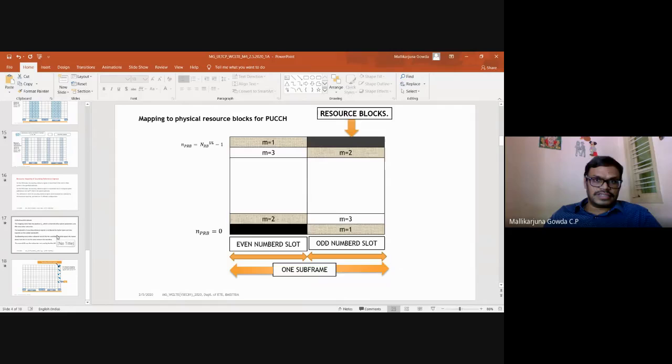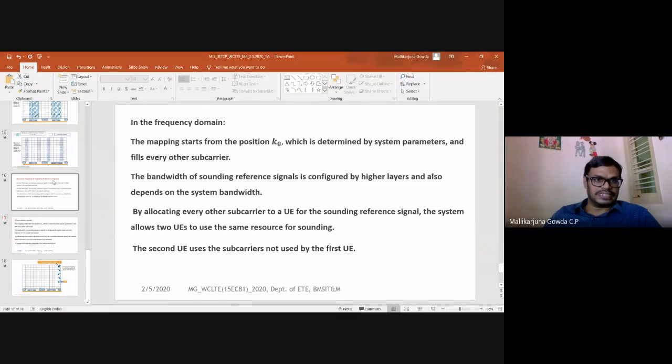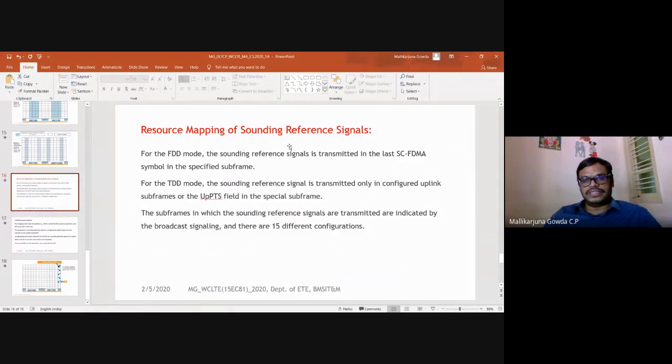Resource mapping of the sounding reference signals, right? Here there is the FDD mode and the TDD mode. In FDD mode, the sounding reference signal is transmitted in the last SC-FDMA symbol in the specified subframe. But in TDD mode, the sounding reference signal is transmitted only in a configured uplink subframe or in the UpPTS field in the special subframe.